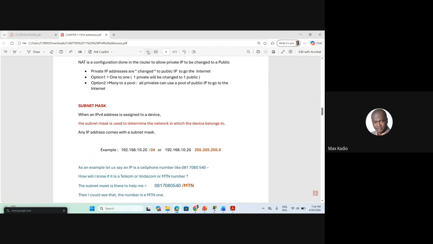So before we do, please check again the definition of subnetting before we start. You can read a few seconds.